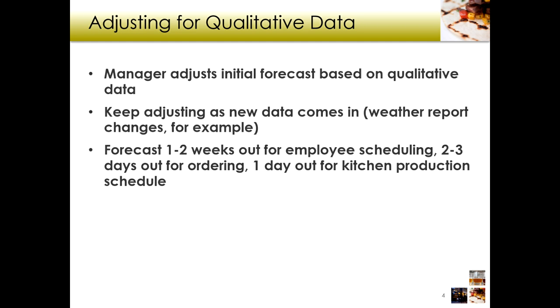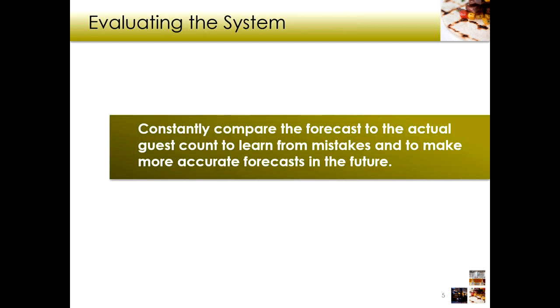1 day out. We always want to constantly compare the forecasts to our actual count and learn from mistakes and how to make more accurate forecasts in the future. This is how we're going to know if that 417 is going to go up by another 50 or only up by 20, depending on what the weather is, right? By comparing our actual to our forecast, we're going to see, well, how much difference did the weather make?